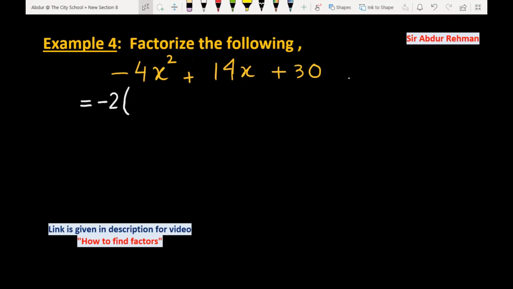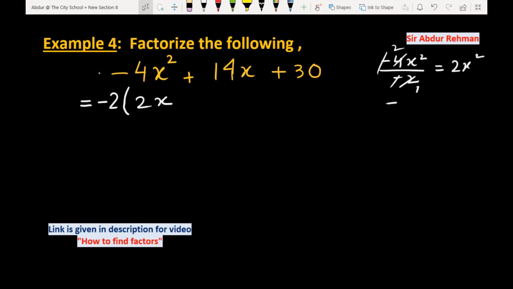When you take minus 2 as common, minus 4x squared divided by minus 2 gives the answer 2x squared. So we write down 2x squared.